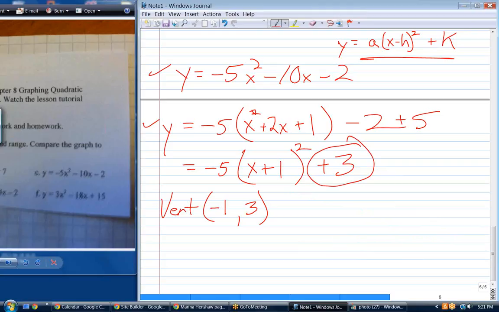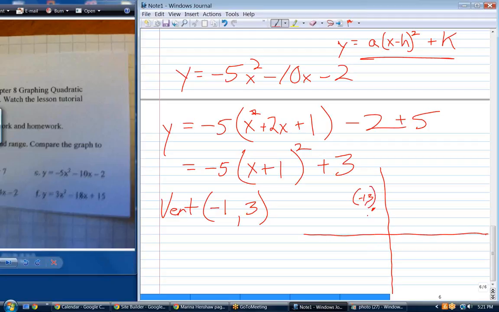Okay, so which direction does this parabola go, up or down? Down. Okay, good. So first of all, let me find -1 and 3. So there's -1 and 3.